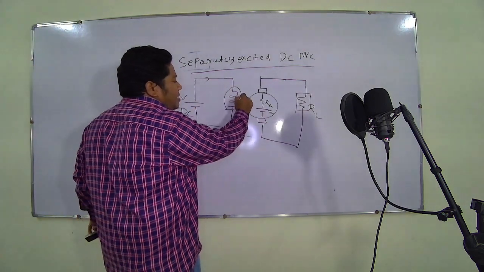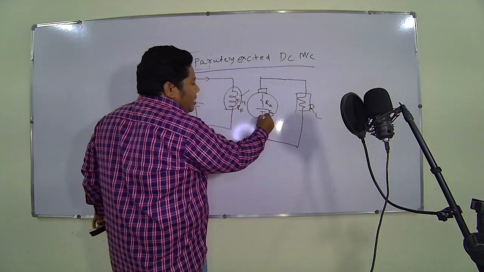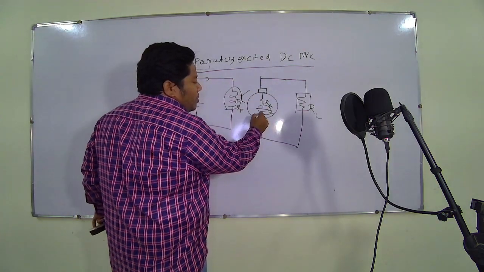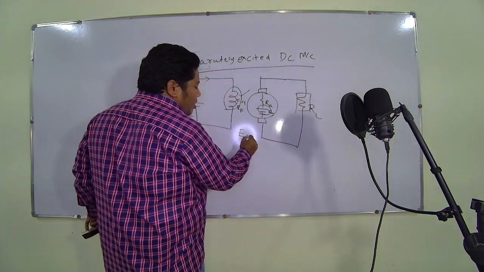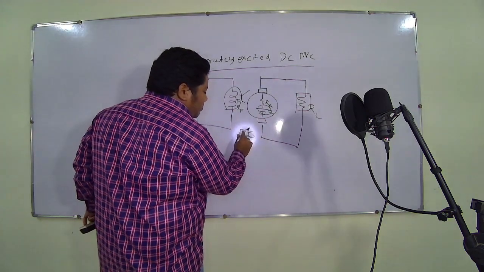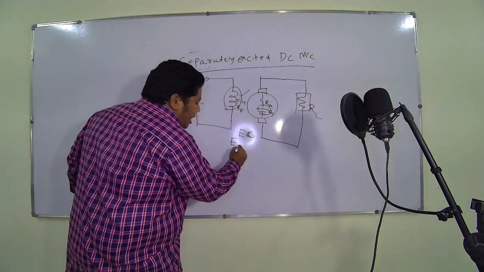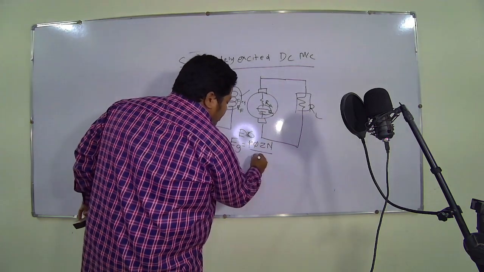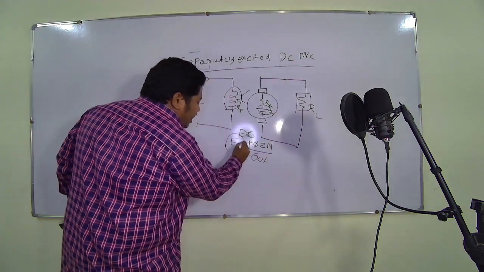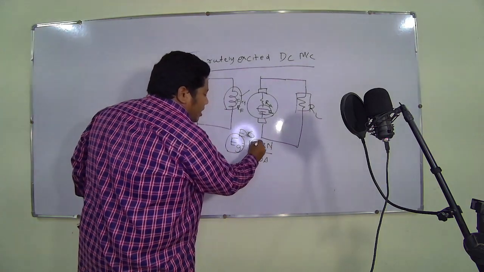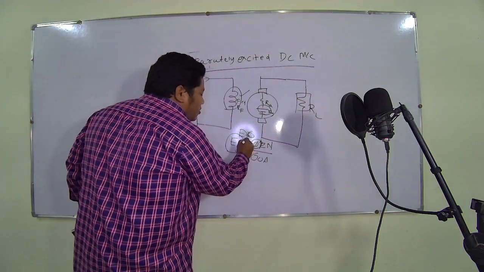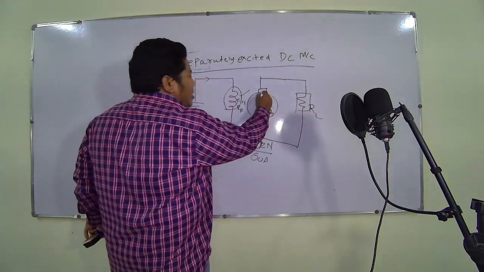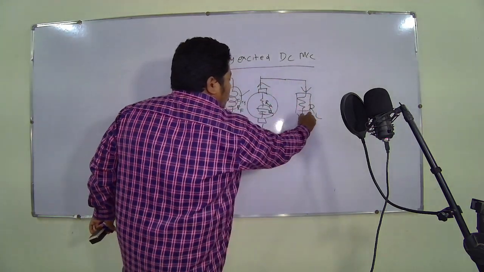When this field is excited, then EMF will be generated here, because this EMF depends on flux, as we know, Eg is equal to P phi Z n by 60A. If flux happens, then EMF will also happen and current will flow to the load.